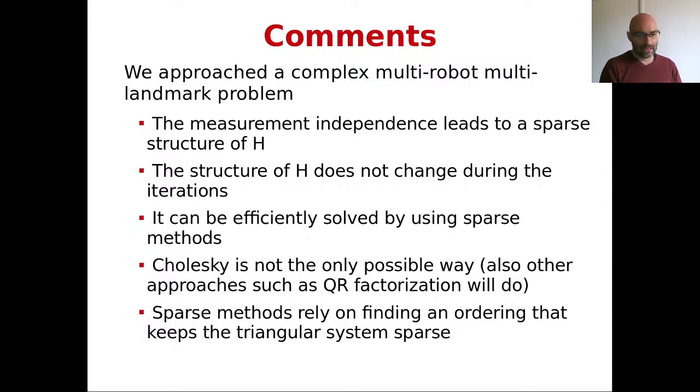A simple way is to choose first the variables that have less non-zero blocks in the actual factorization of the system. That is, you take your system matrix and you pick up a variable that has less blocks on the current row or equivalently on the current column because it's symmetric.